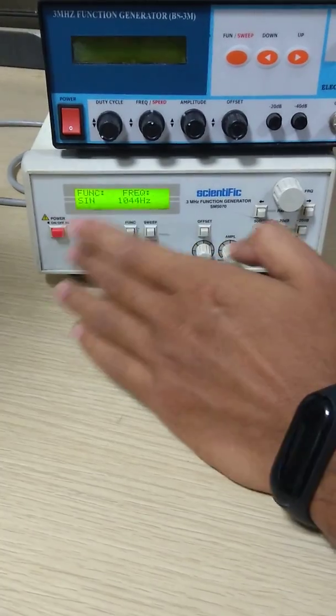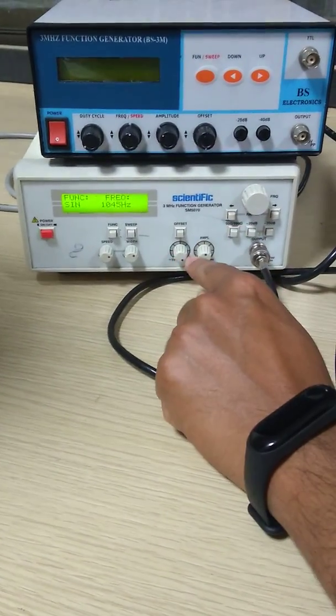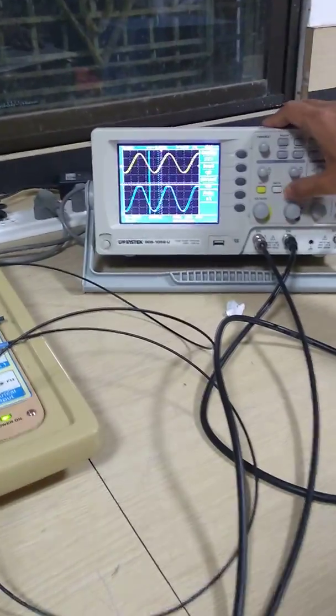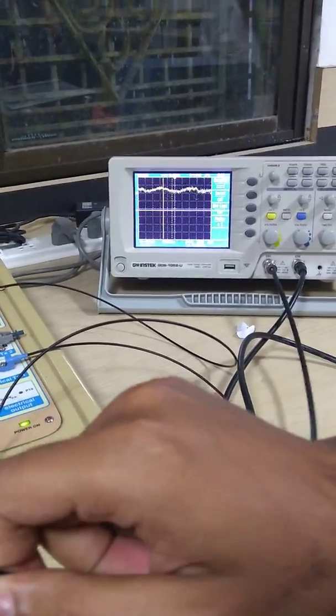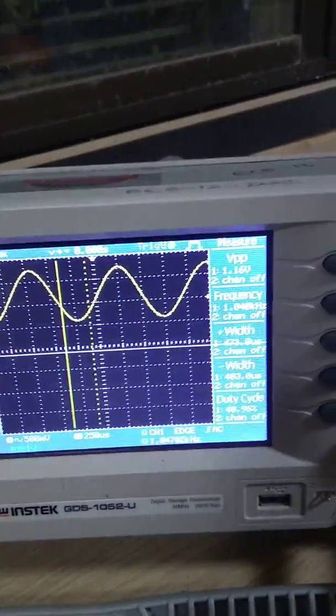I think all of you know that. After that, we'll change the frequency, and we'll come to the oscilloscope, switch off channel 2, which is our output channel, and keep channel 1 on, which is our input channel, and we'll measure. It is around 1.16 volts. You want a 1 kilohertz, 1 volt input signal.